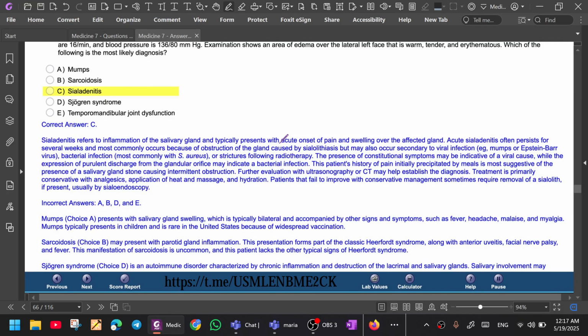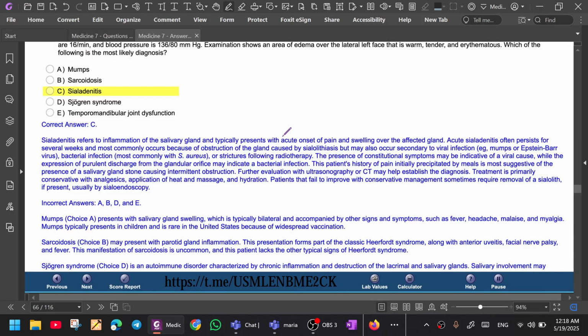Acute sialadenitis often persists for several weeks and most commonly occurs because of obstruction of the gland caused by sialolithiasis, but may also occur secondary to viral infection, mumps, Epstein-Barr virus, bacterial infection, most commonly Staph aureus, or strictures following radiation. The presence of constitutional symptoms may be indicative of viral cause, while the expression of purulent discharge from the glandular surface may indicate bacterial infection.